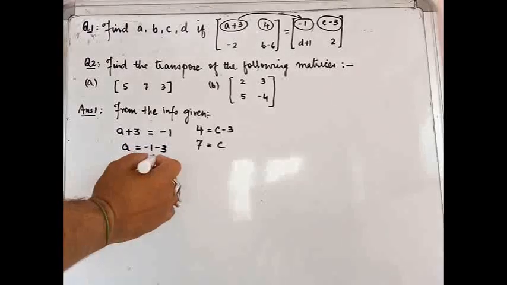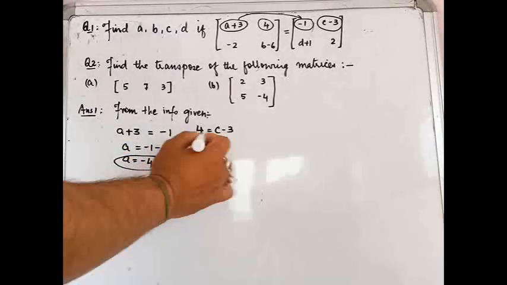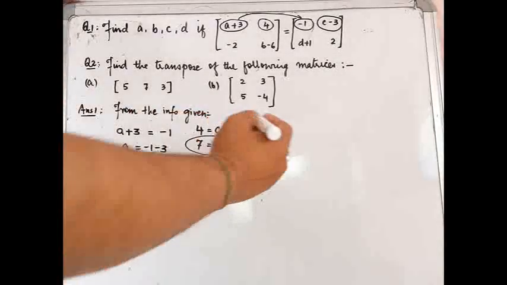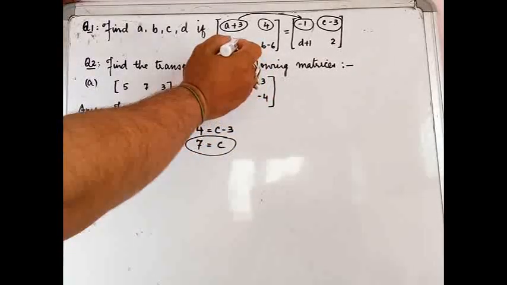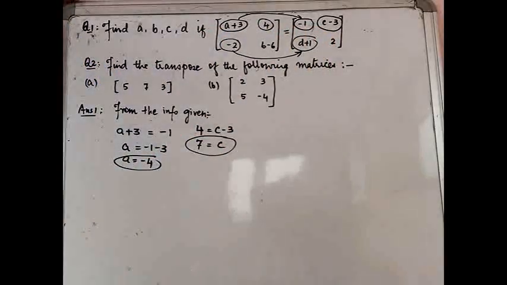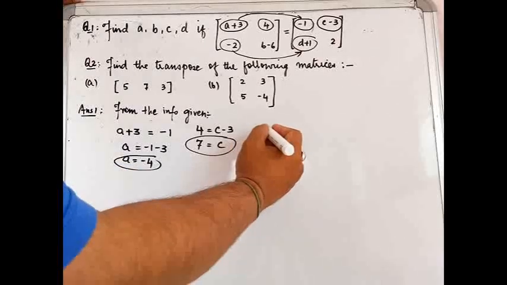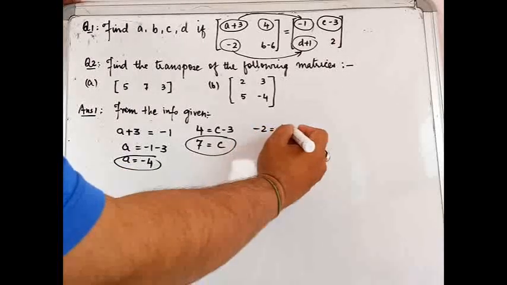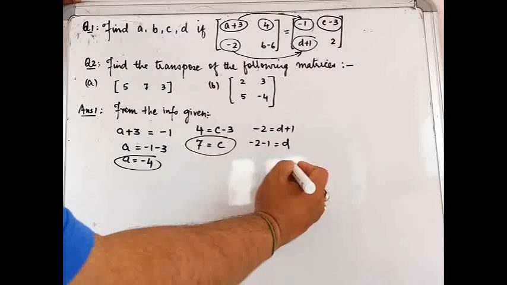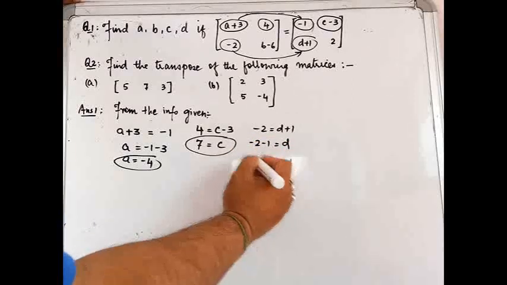So what all have we got? We have got the value of a, we have got the value of c. So b and d are what are remaining. Okay, so similarly now you see this minus 2 and this d plus 1, they are corresponding entries. So minus 2 will be equal to d plus 1, d will become minus 2 minus 1, so d becomes minus 3.